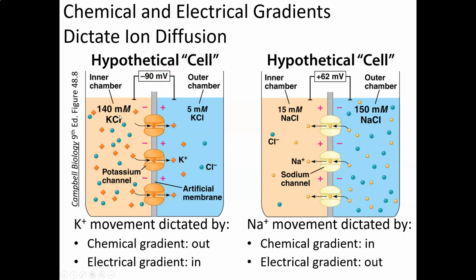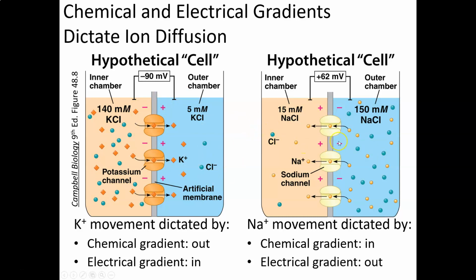What's the charge of the ion? In this case, it's potassium. What's the direction of movement of the ion? In this case, it's moving from inside the cell to outside the cell. And what's the concentration difference? The larger the concentration difference, the larger the chemical gradient. You would need a larger electrical gradient to be equal and opposite. We'll see that in the next example.